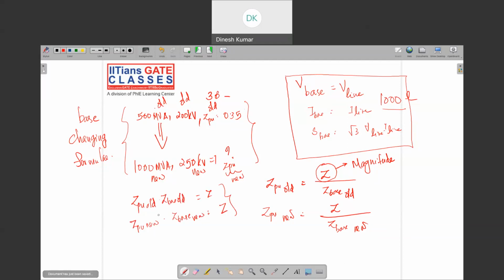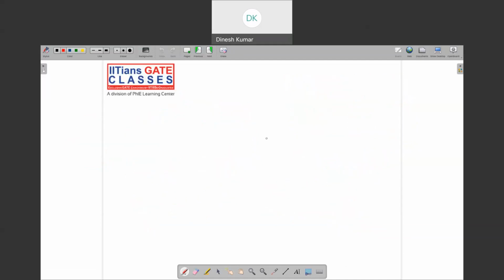So we equate the LHS: Z per unit old into Z base old equals Z per unit new into Z base new. We have to find Z per unit new.